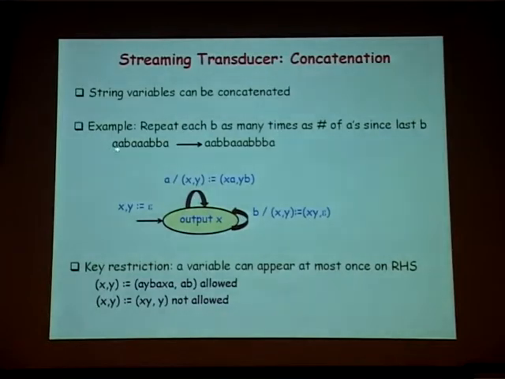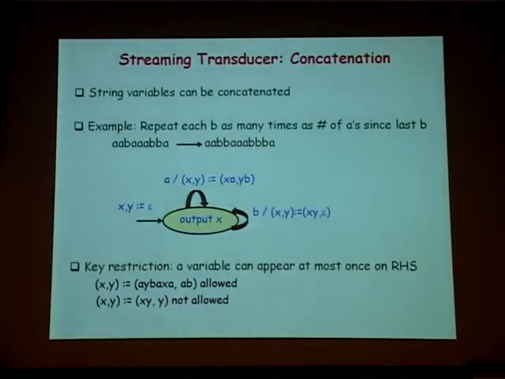So basically, as I'm reading a's, if I'm reading 3 a's, I want to produce a chunk of output which is 3 b's, because later when I see a b, I want to add 3 b's. If I'm reading n a's, the next time I read a b, I want to add n b's. So the number of a's is collected in x, the number of b's is collected in y.